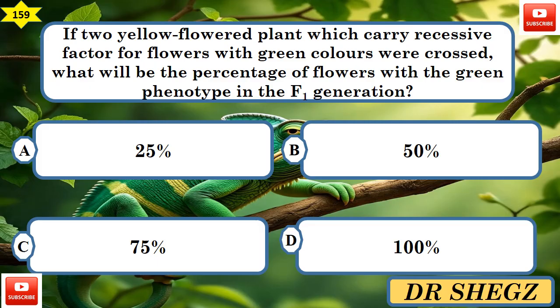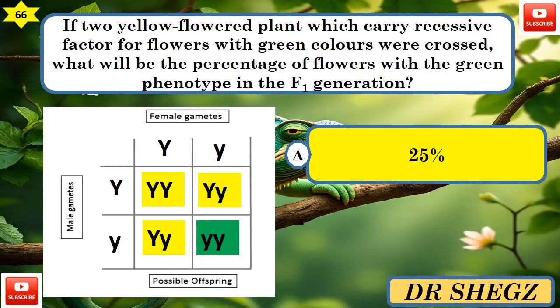If two yellow flowered plants which carry recessive factor for flowers with green colors were crossed, what will be the percentage of flowers with the green phenotype in the F1 generation? Now you have the two of them. Phenotypically they are yellow, however they have the gene for green colors.